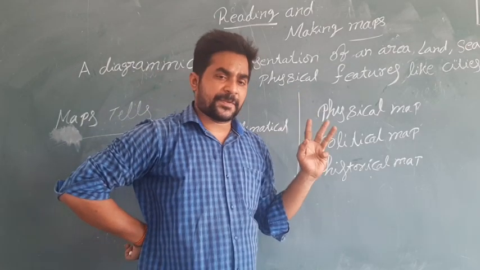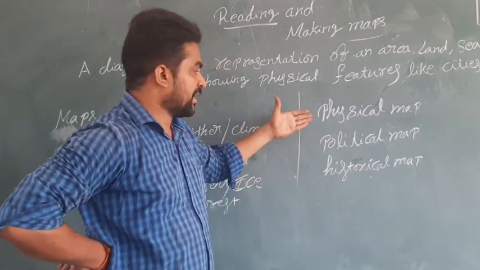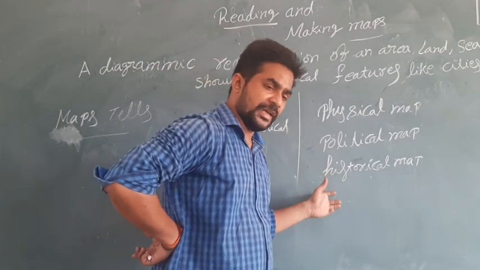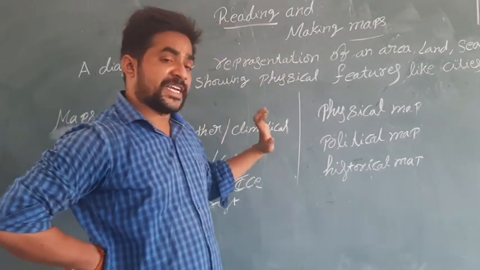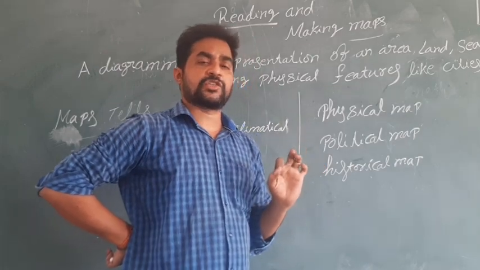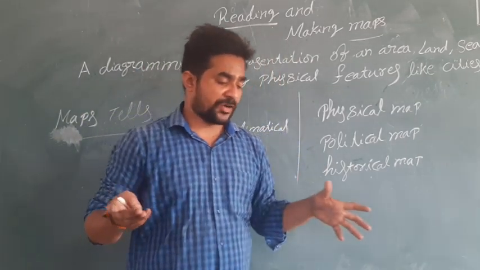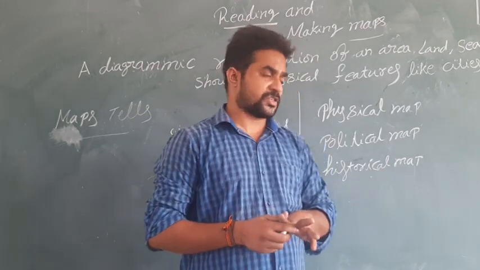There are three types of maps. One is called the physical map, one is called the political map, and one is called the historical map. The physical map shows the physical divisions of a country, a continent, or the world.